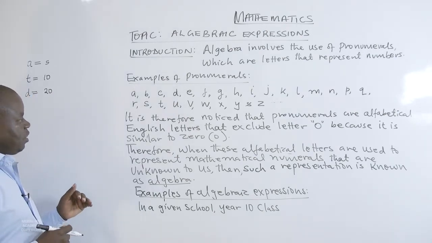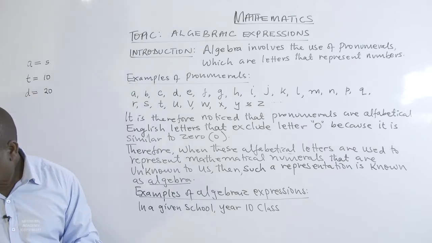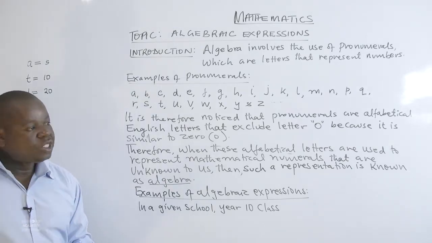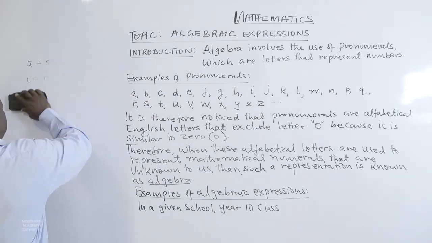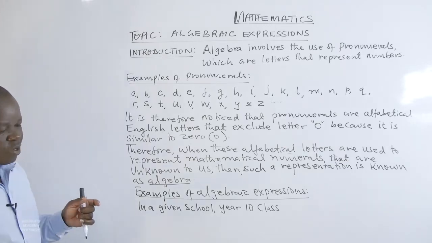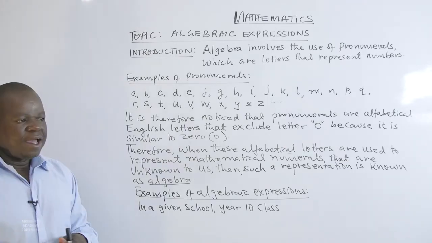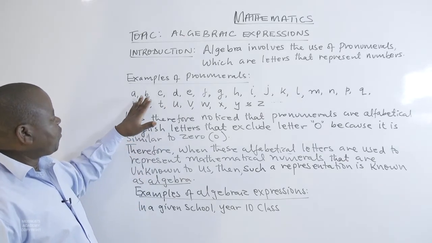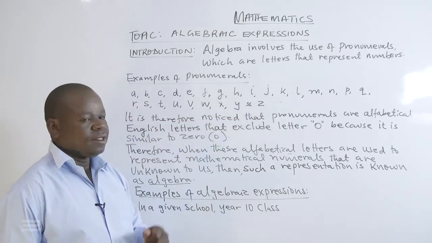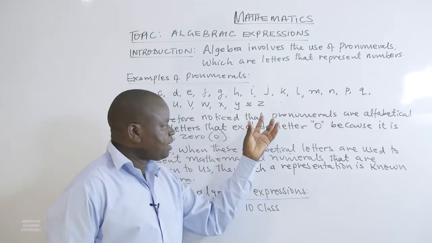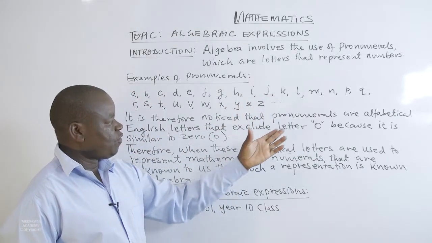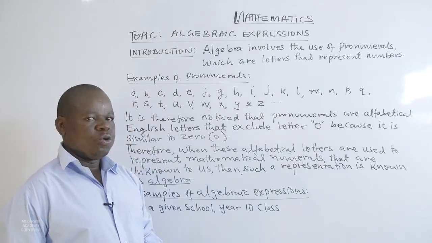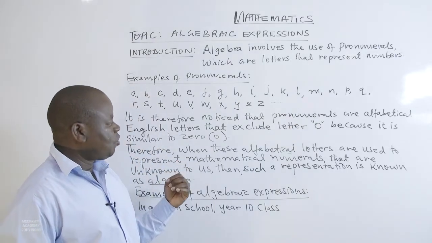So you can see that these pronumerals are basically alphabetical letters ranging from A up to Z. But in this particular arrangement, we have excluded the letter O. Why do we exclude the letter O?